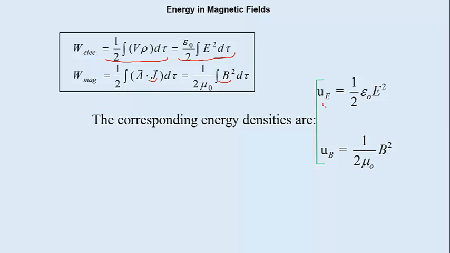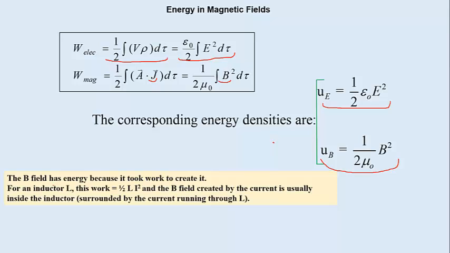So here it is for the electric field, and here it is for the magnetic field. So for every point in the region that you're interested in, if we have an E field, this is the energy density at this point. And if you have a B field, then this is the energy density of the B field. And these can, of course, exist simultaneously if you wish.